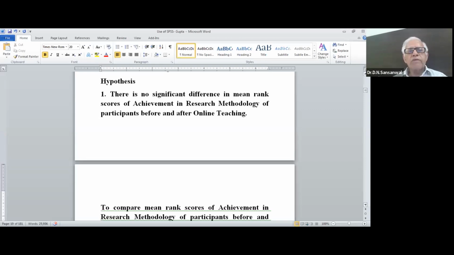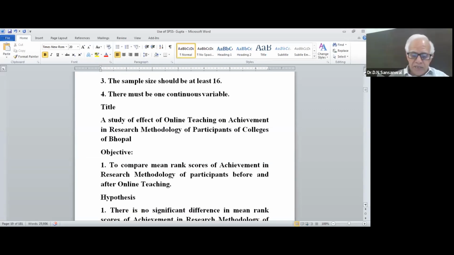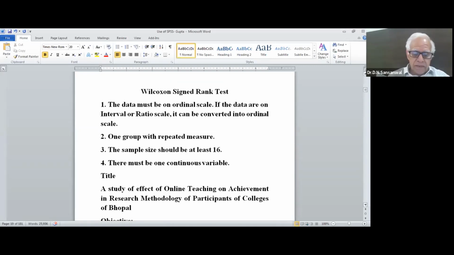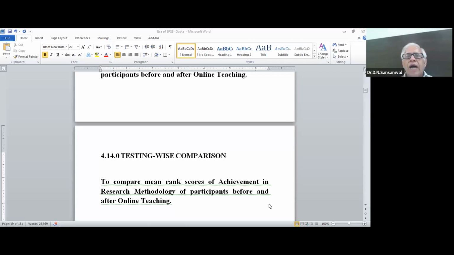Now here, testing wise comparison. Are you able to see this page or not? Participants, are you able to see or not? Okay.